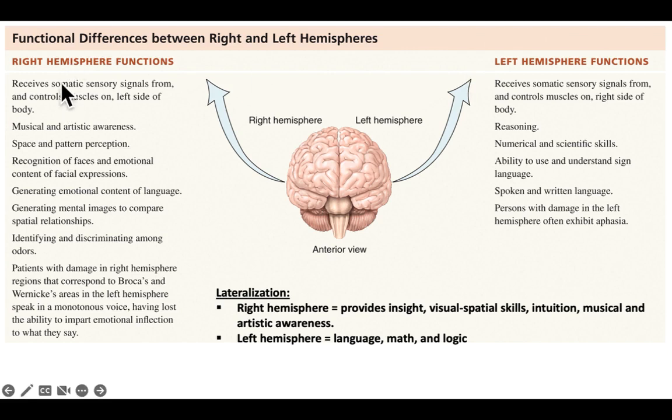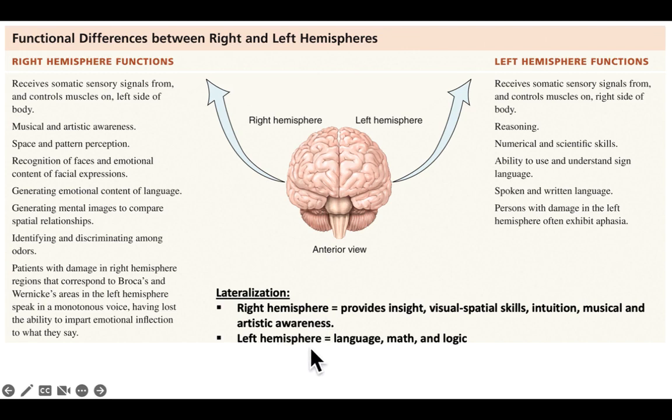The next are all these other traits, and I kind of summarize it down here. So notice that the right hemisphere does more insight, visual, spatial skills, intuition, musical, and artistic awareness. All right, so that's a little bit of what the right hemisphere is known for.